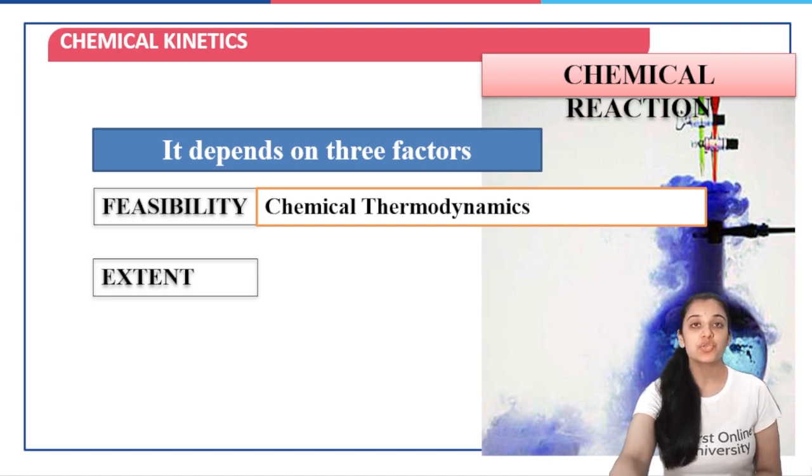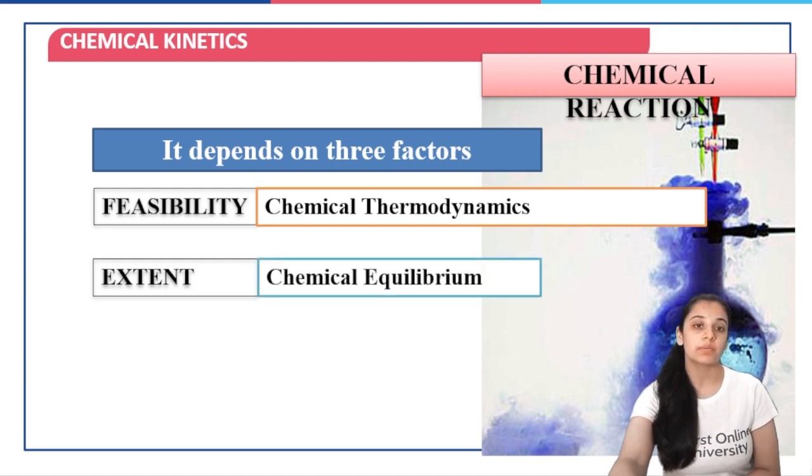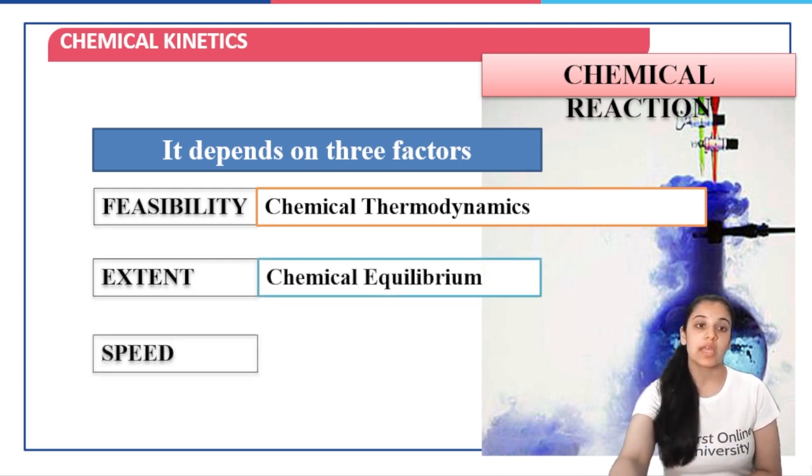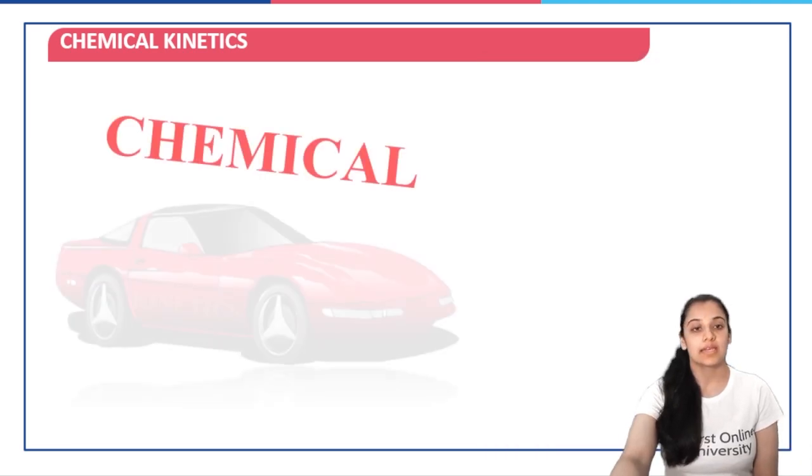Then the extent to which the reaction will take place, whether it will go to completion or stop in between, is given by the chemical equilibrium branch of chemistry. And when we talk about the speed of reaction or the rate of reaction, that is given by chemical kinetics.